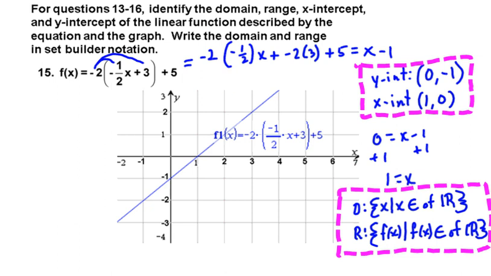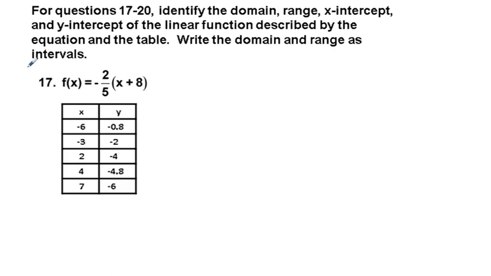Okay, next we're going to look at problem 17. In questions 17 to 20, identify the domain, range, x-intercept, and y-intercept of a linear function described by the equation and the table. Write the domain and range as intervals.